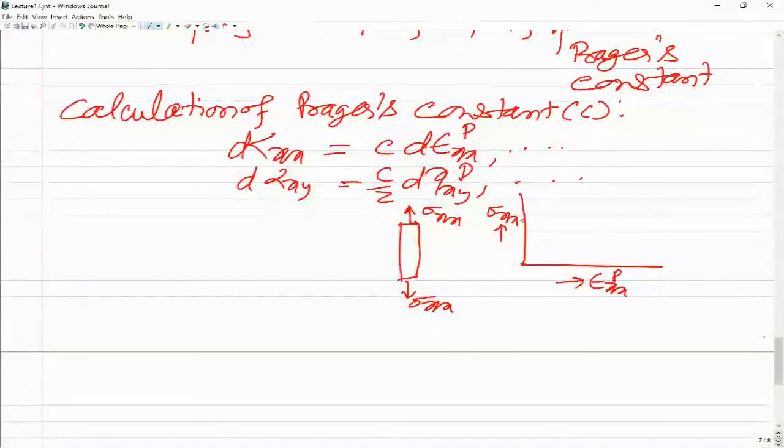So this curve would be something like this, where this is initially the yield stress sigma y naught, and then you have this curve, and this is d of epsilon xx, and this is d of sigma xx, and this slope is actually equal to h, not e. This slope is h.